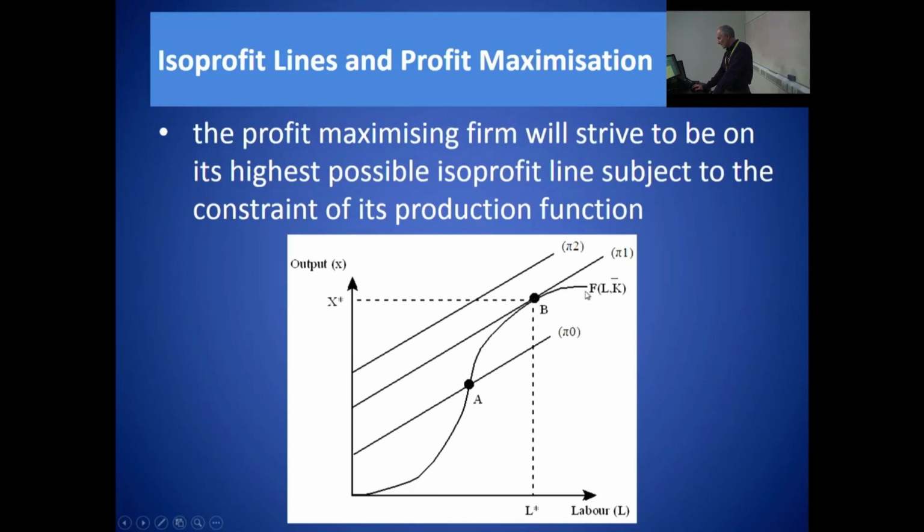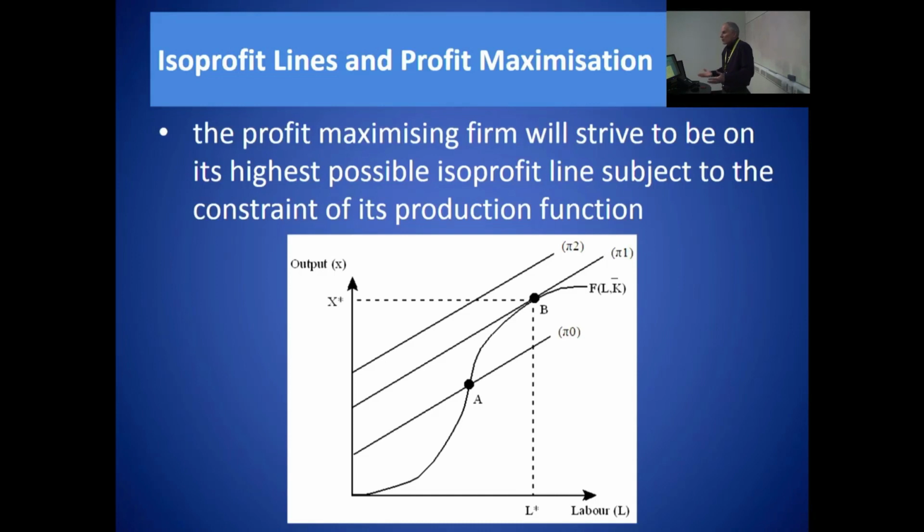Point B is on the production function, so it's feasible. But at point B, the short-run production function and the ISO profit line pi 1 just touch one another. They're tangential. That means there isn't a higher ISO profit line that still touches the production function. And so pi 1, this level of profit here, denotes the highest level of profits the firm can make given its production function.